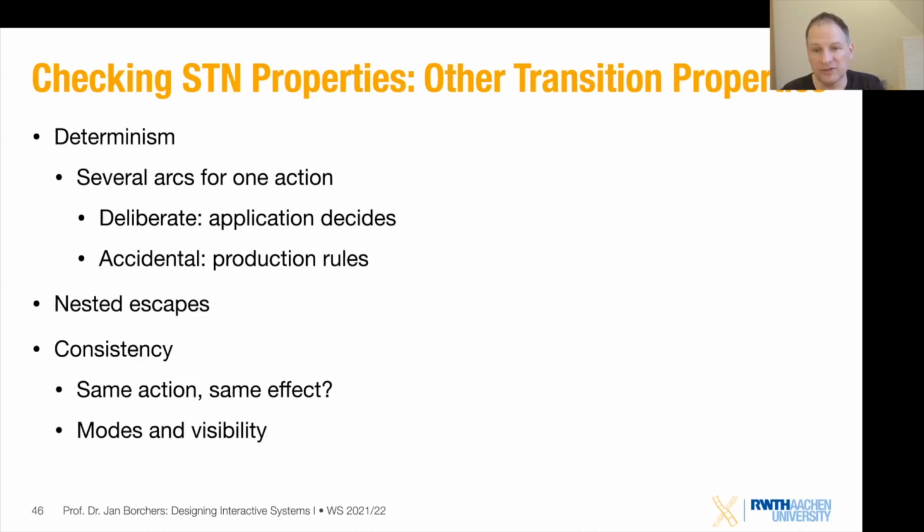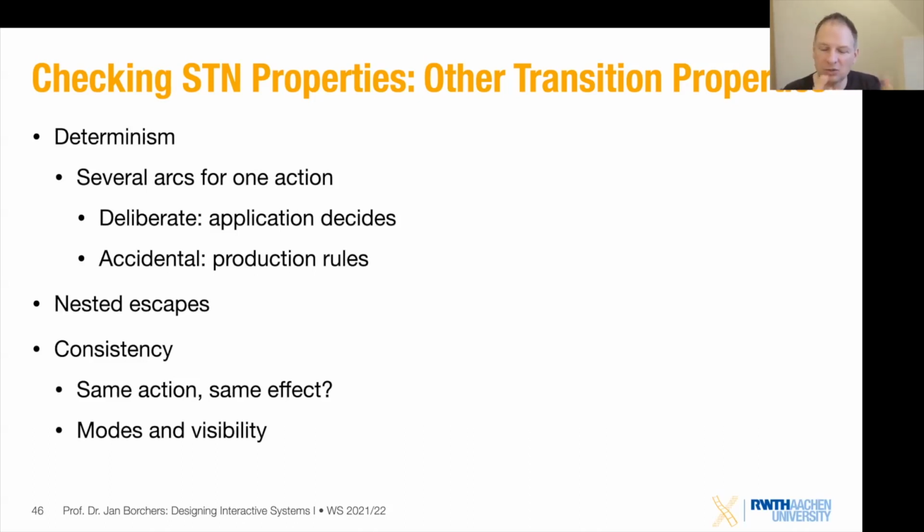Also, modes and visibility are quite nice to model with this. We've already seen an example with this F1, F2 escape disaster. This was in part because of the system having these different modes, right? Having the edit mode and having the menu mode.